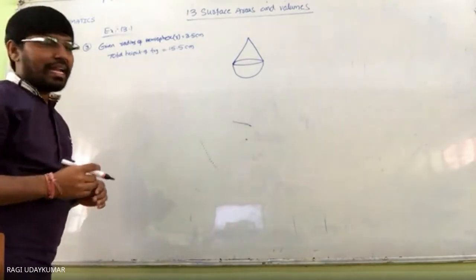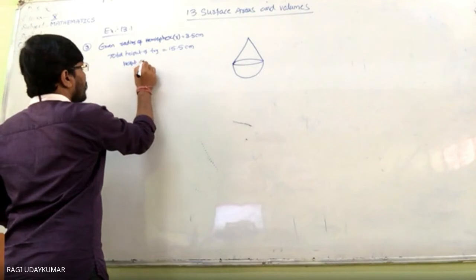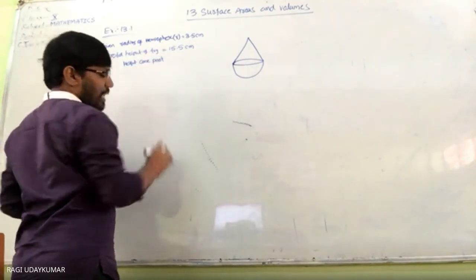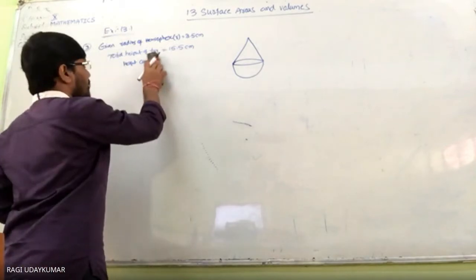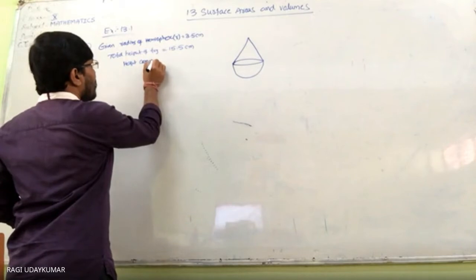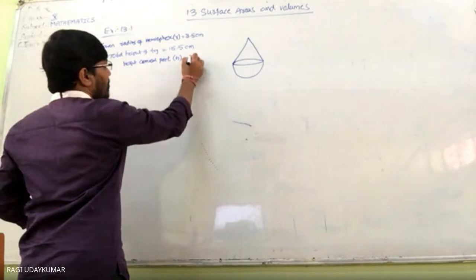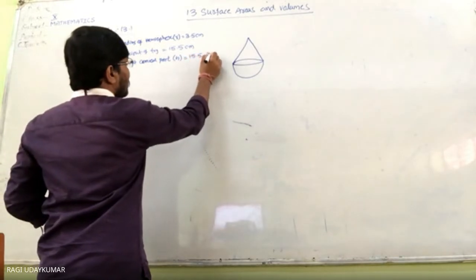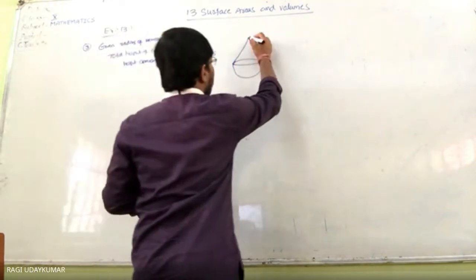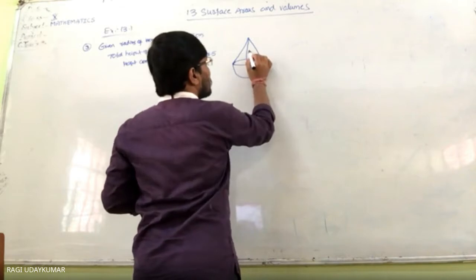Height of the conical part is 15.5 minus 3.5, which is equal to 12 centimeters. So this is 12 centimeters.